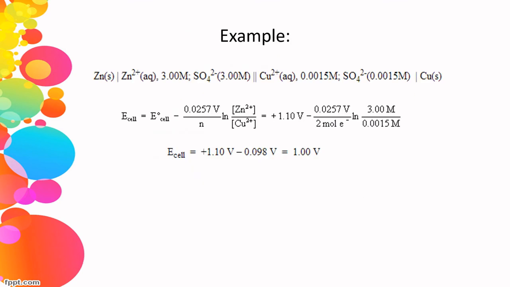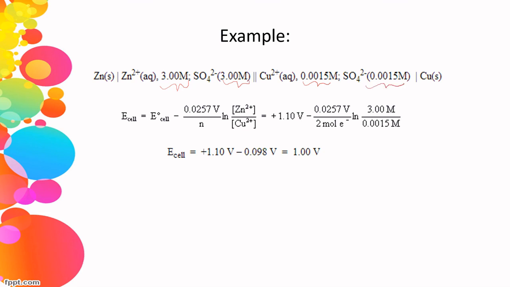This is an example where we can use the Nernst equation to calculate the EMF, or E cell. We have the concentration of the zinc sulfate solution, and also the copper sulfate solution.